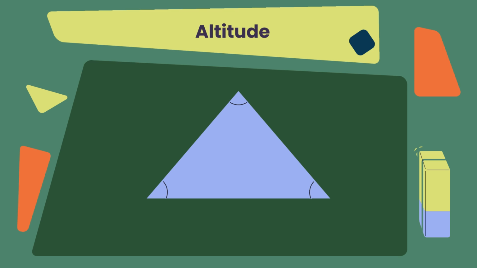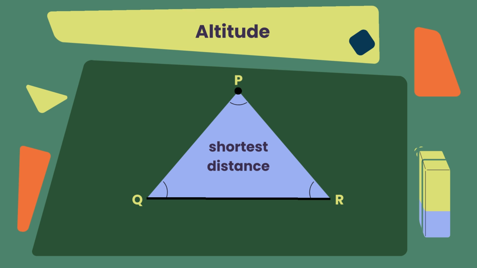Sometimes in a triangle, it is necessary to find the shortest distance between a vertex and its opposite side. But how do we do so? Suppose we are given a triangle PQR, and we have to find its height. That is, we have to find the shortest distance between the vertex P and the side QR.